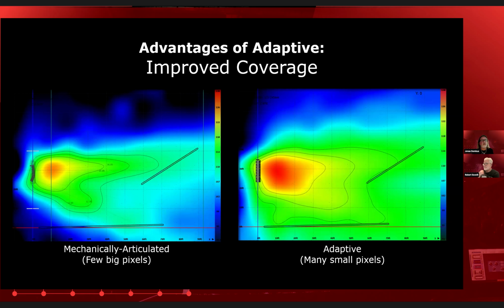Okay, so as I was showing you earlier, with adaptive, we can very easily create surgically precise coverage based on whatever audience area that we have. So all things being equal, some of you, if you've seen me present before, have seen this kind of image. On the left, you'll see a traditionally articulated array, processed and shaded as best we can to cover both the balcony and the floor, and it's doing a pretty good job.